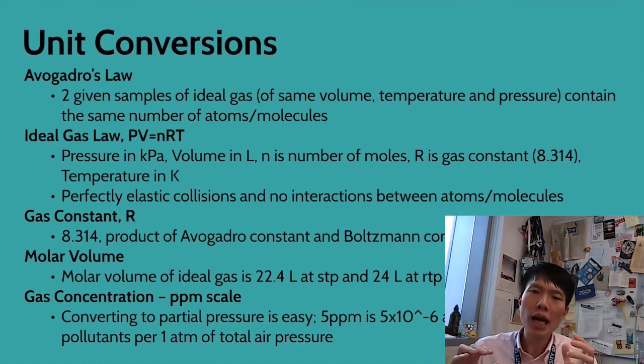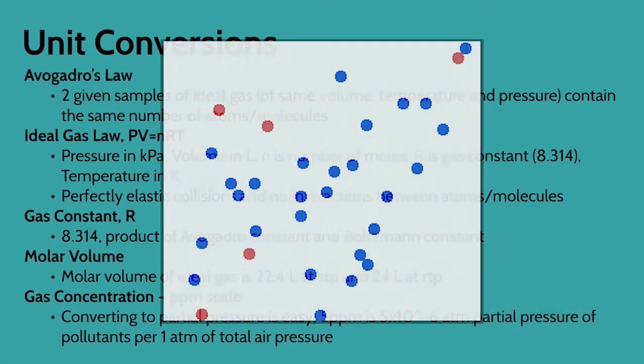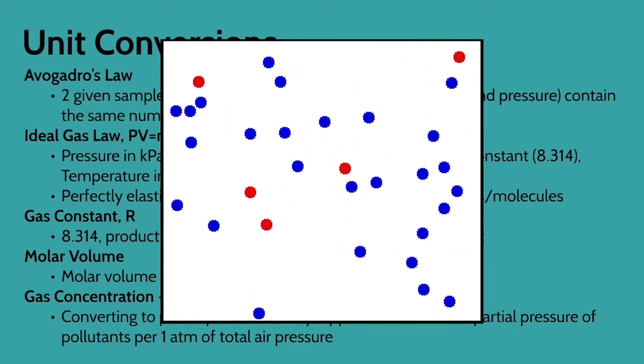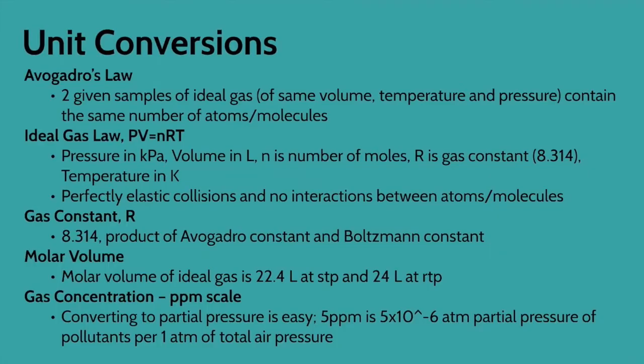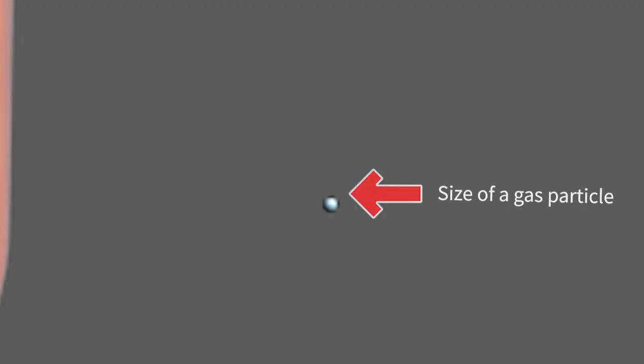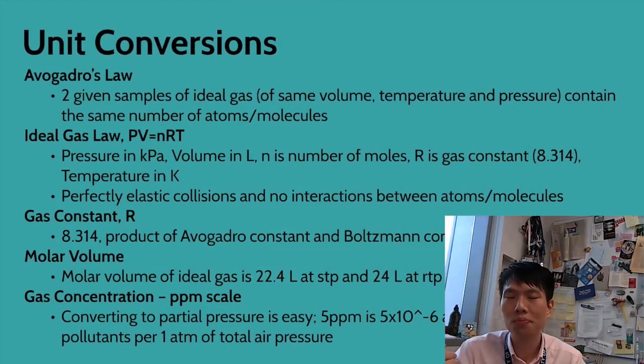We assume perfectly elastic collisions, with no intermolecular forces between the particles. They do not react or stick together; they bounce off with conservation of energy. The size of the particles is negligible compared to the container, and all particles are in continuous random motion.